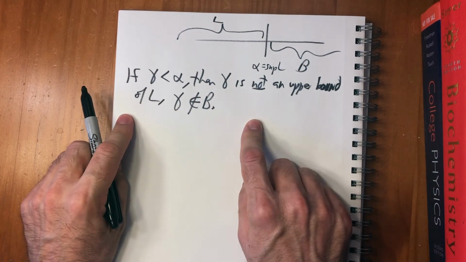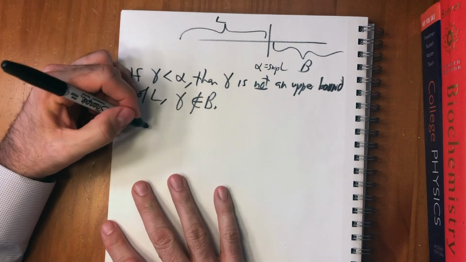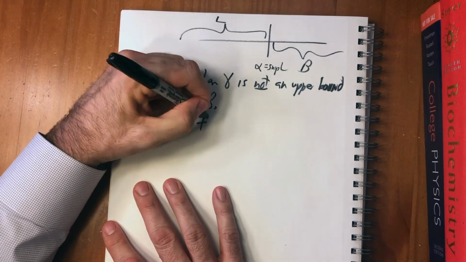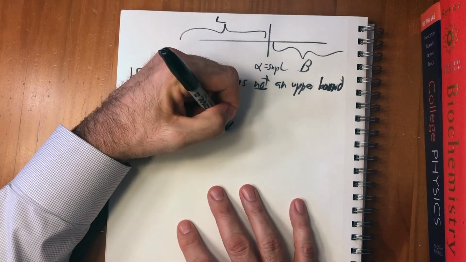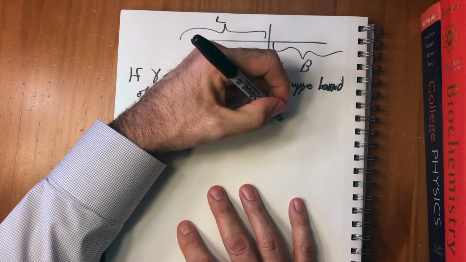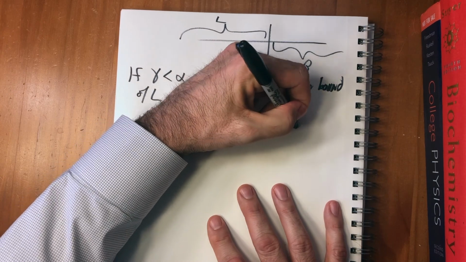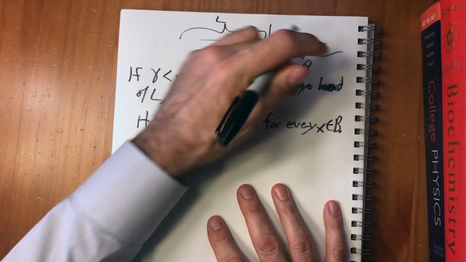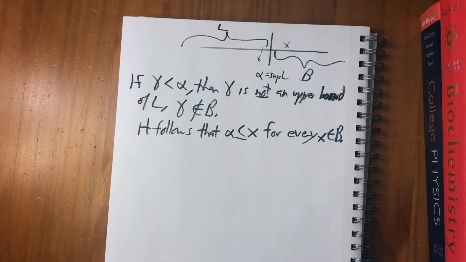So it follows from this that alpha is less than or equal to x for every x in B. Okay?